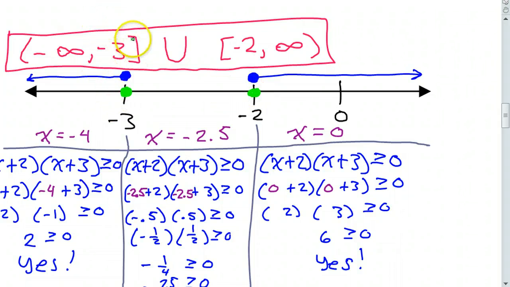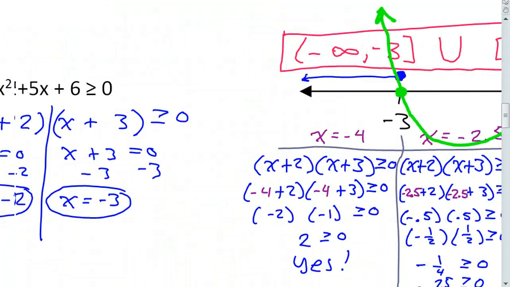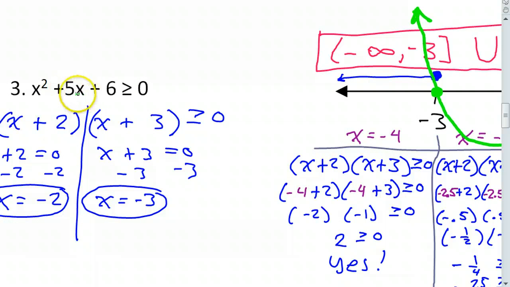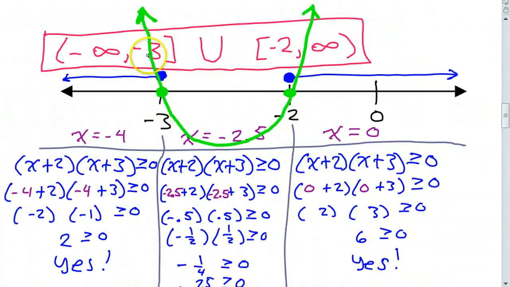If you imagine the sketch, the upward facing parabola is doing something like this. Graphically, when we ask where the parabola is greater than or equal to 0, we look at the part of the parabola above the x-axis, the part I'm highlighting in yellow.